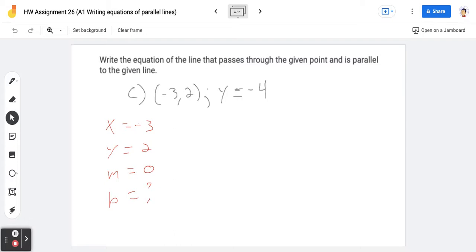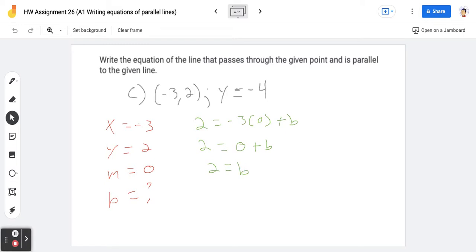All right, so just to show us, we can say 2 is equal to 0 times negative 3 plus b. So 2 is going to be equal to 0 plus b, or another way to say it is that 2 equals b.